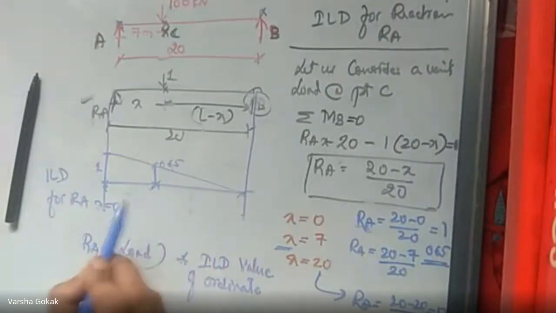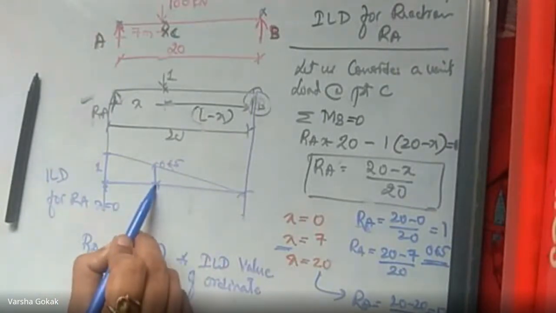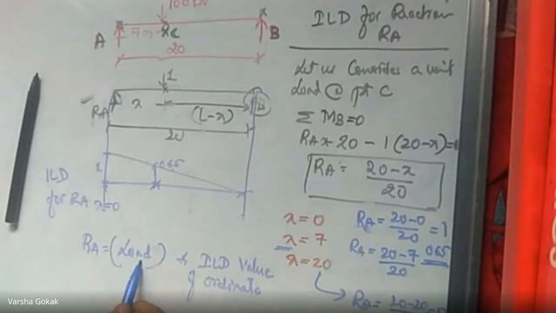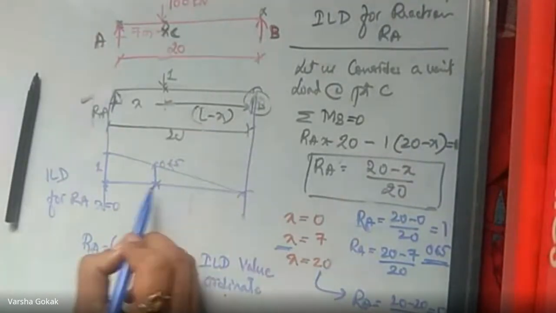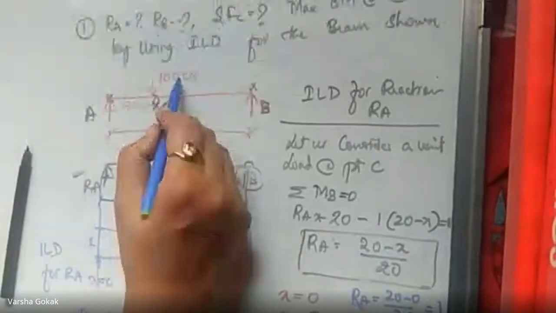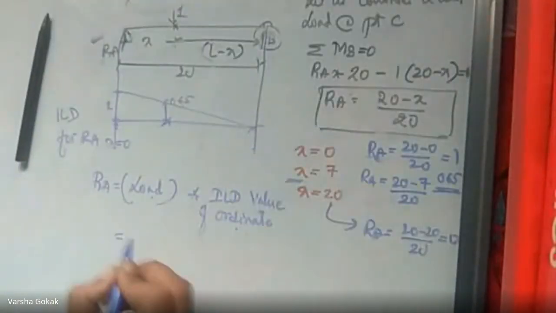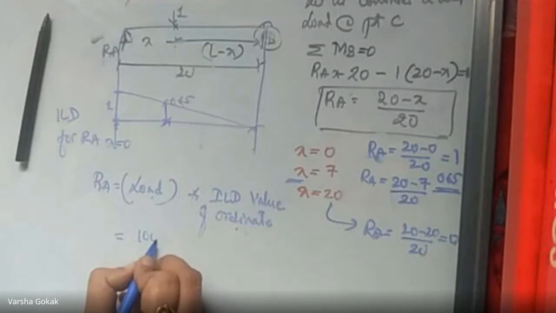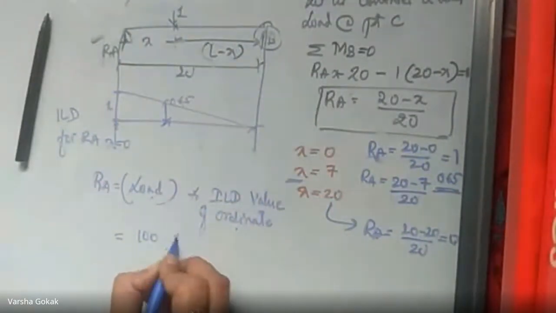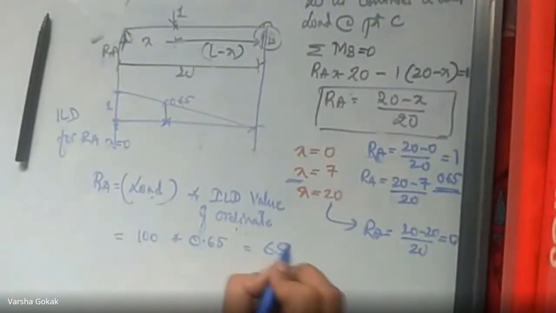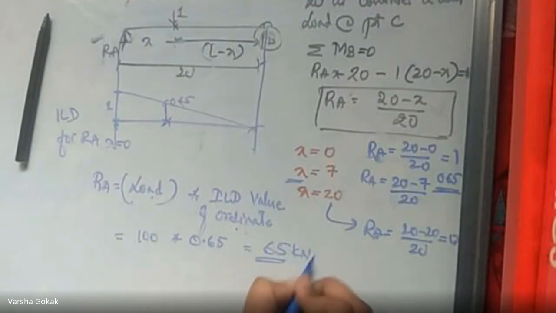So if I want to calculate the RA value with respect to this at point C, then load into the ILD value of the ordinate, meaning load was what at this point in reality? It is 100 kilonewton. So load is 100 kilonewton into ILD value is 0.65. So the reaction at A is going to be 65 kilonewtons. Okay, I hope this is clear.